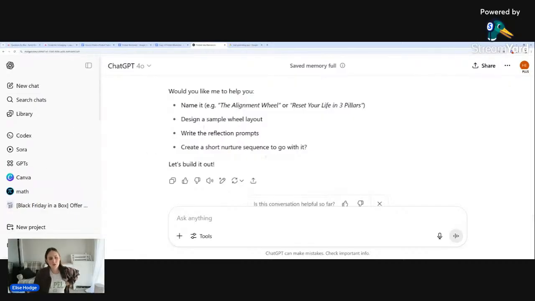I'll share this thread with you as well on the questions thread. Would you like me to help you name it, the alignment wheel, or reset your life in 3 pillars?